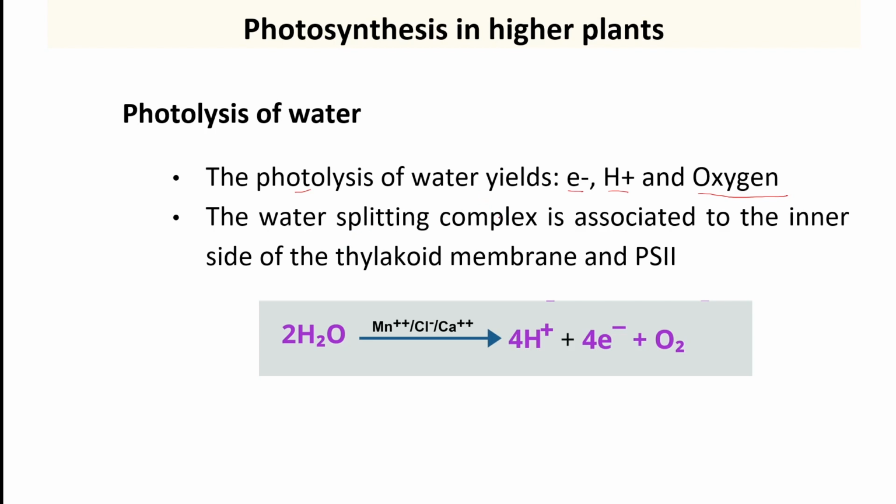The water splitting complex is associated with the inner side of the thylakoid membrane of photosystem 2, so the site of photolysis of water is photosystem 2. Some ions are involved during the photolysis of water. These are the major ions: manganese ion, chloride ion, and calcium ion. And this is the chemical reaction of photolysis of water.